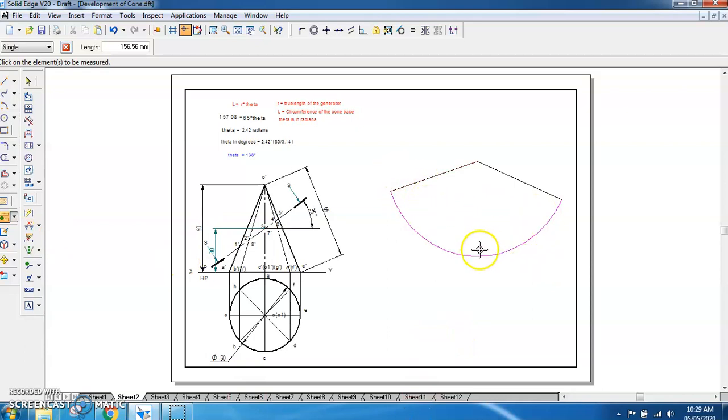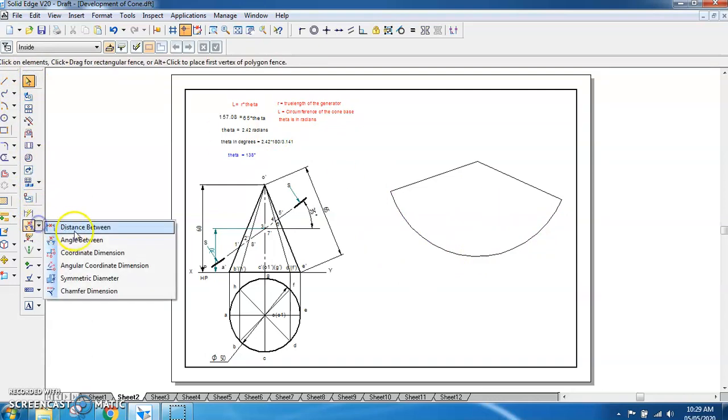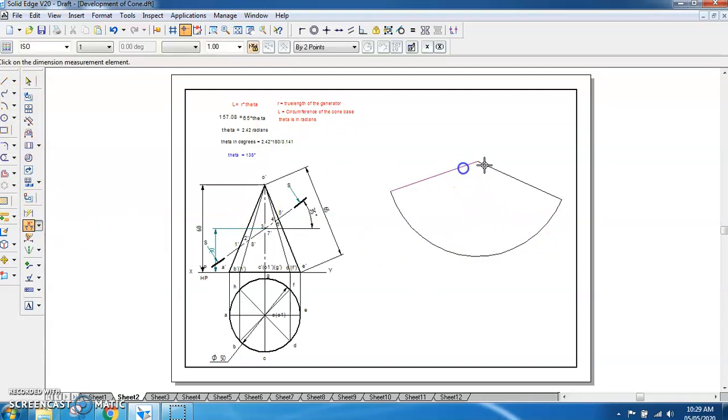So that approximation is okay when you are doing it manually. The angle is 138 you have taken. Maybe if you take 139 as an angle, or 138 point something, what you get after calculation, if you follow, you may get 157.06 or 08, nearer to that. So now we'll go with this 138.